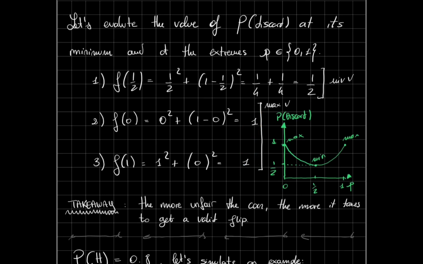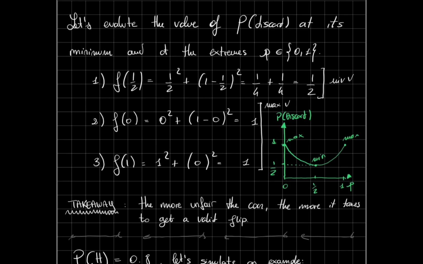Now, we can briefly sketch the probability of discard against the value of p. And we can see that the minimum of the parabola is achieved when p is equal to 1 over 2, which gives back a probability of discard of 1 over 2, which means essentially that when our coin is fair, also the probability of discard is fair in a sense.